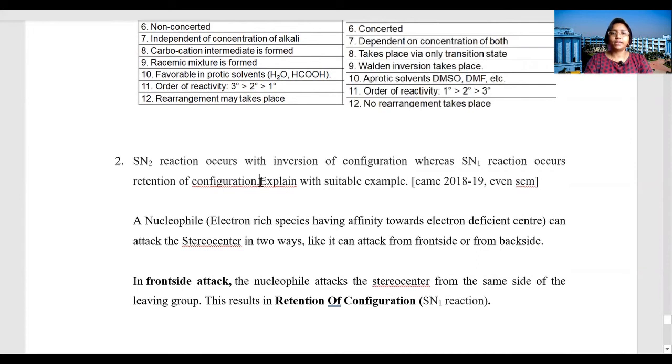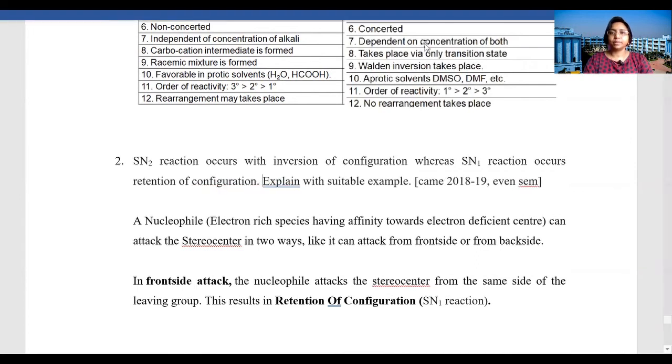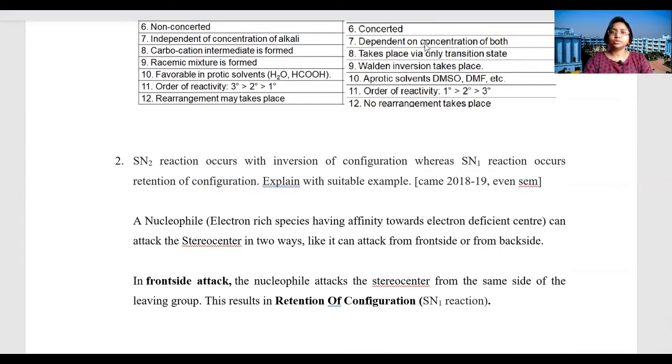Explain with a suitable example. This question also came in 2019, and I have already shown you. Maybe you cannot understand the language of what the question wants, so I will show the structure, then you will be more clear.